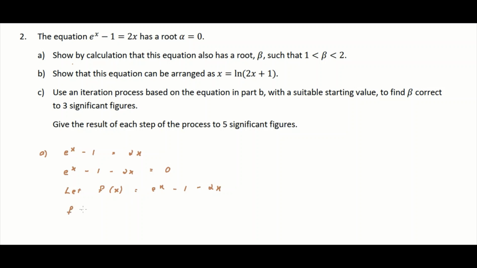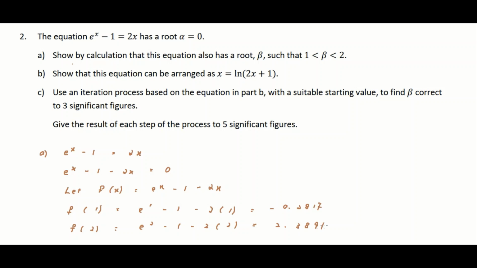Now you have your function, so we can substitute beta and check. Let's substitute 1: e to the power of 1 minus 1 minus 2 times 1, which gives your first value, negative 0.2817. Do the same for f(2): substitute 2 for all the x parts, and you will get 2.3891.